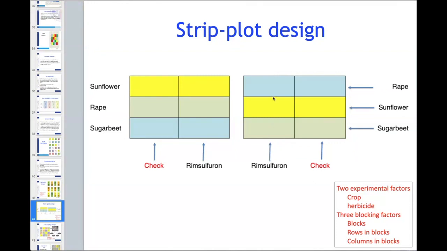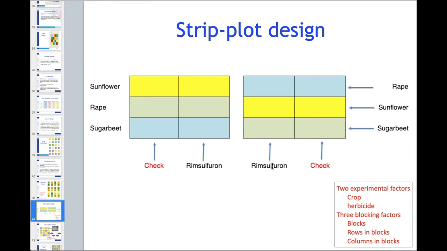This is very handy because we have all the combinations. Here we have rape with rimsulfuron. Here we have sunflower with rimsulfuron, and we have all the 6 combinations. But we need to treat fewer plots because we treat them in groups. And this is okay because we do that in a randomized order.